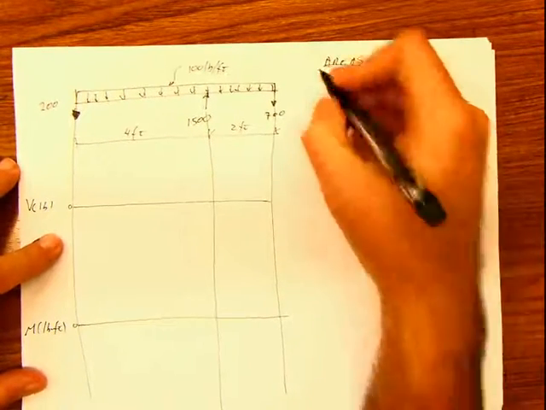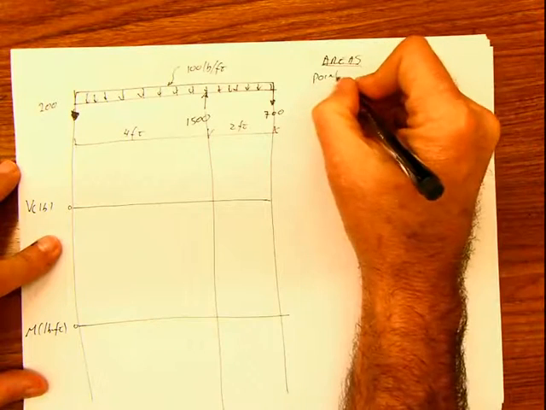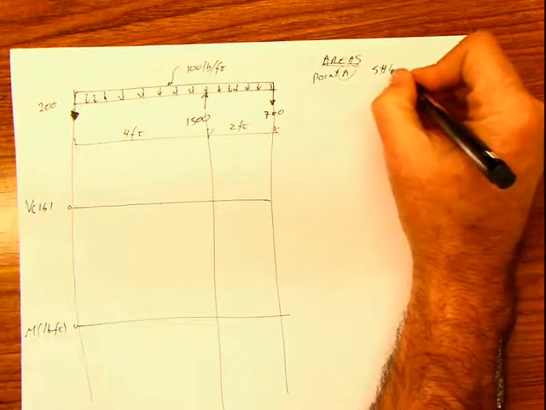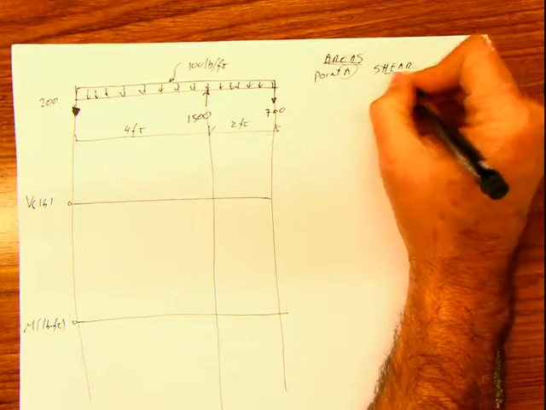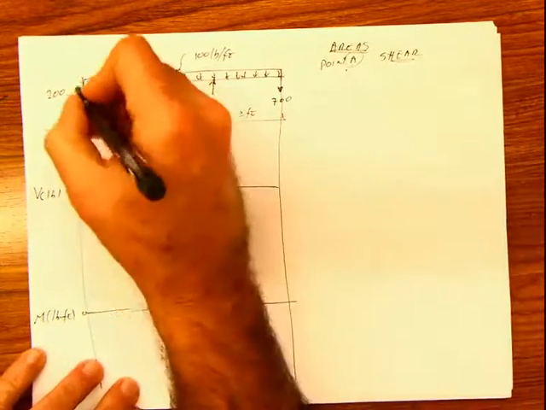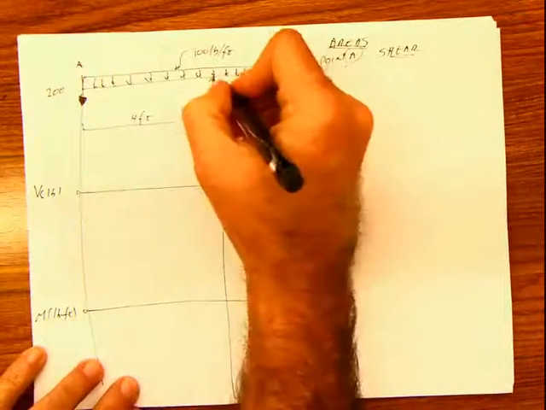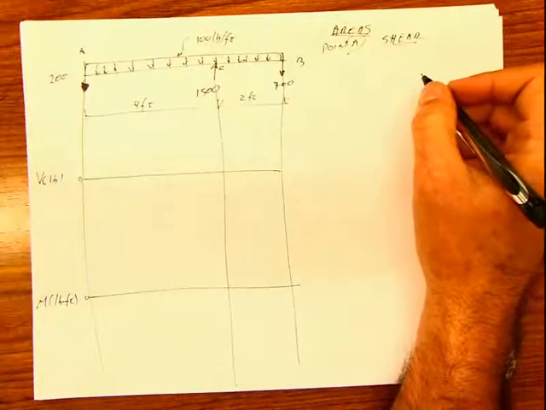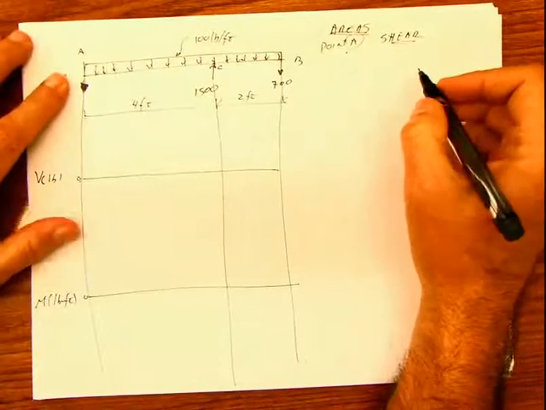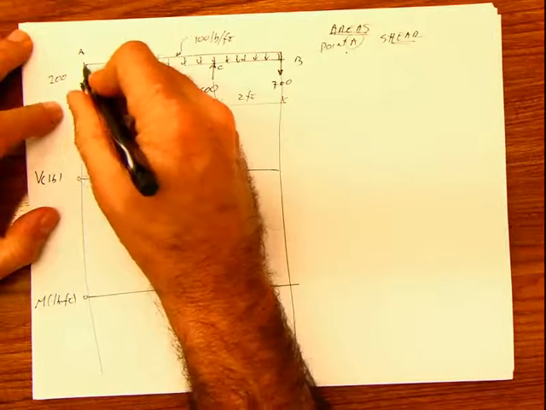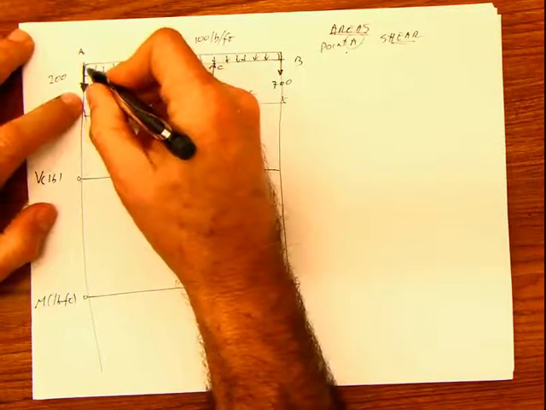And then we say, okay, point A. I'm going to start with shear by the method of the areas. Remember, this is point A, this is point C, and this is point B. So you go to the point A and then you ask yourself the following question. Do I have any concentrated shear force at the point A? Well, the answer is obviously yes, because you have it here.